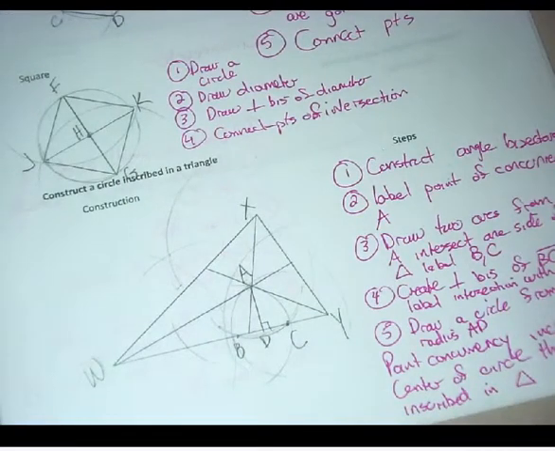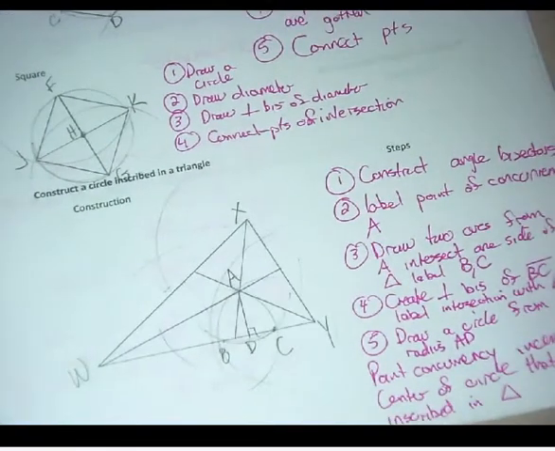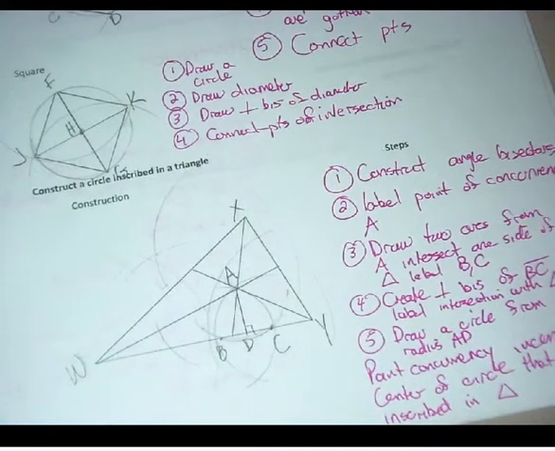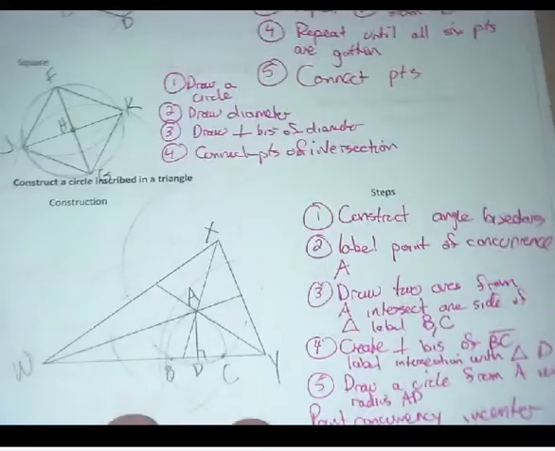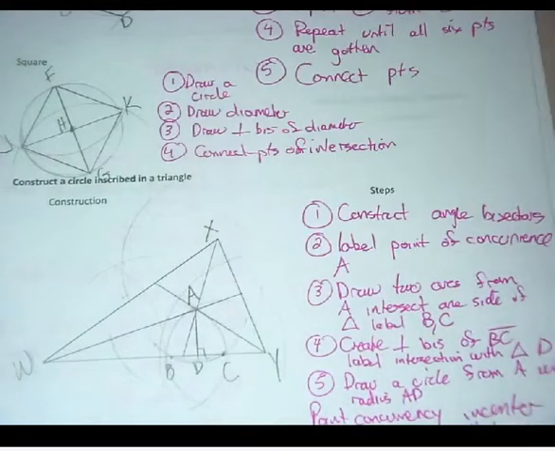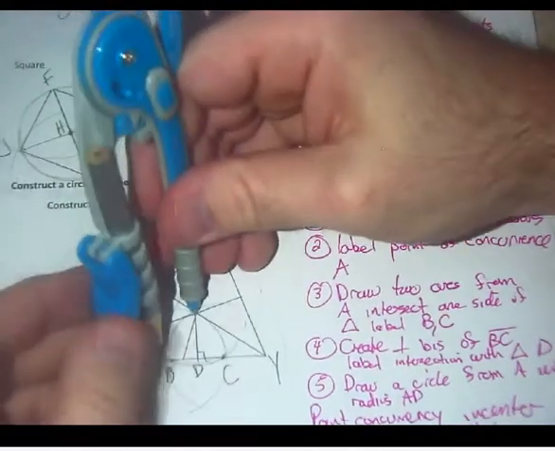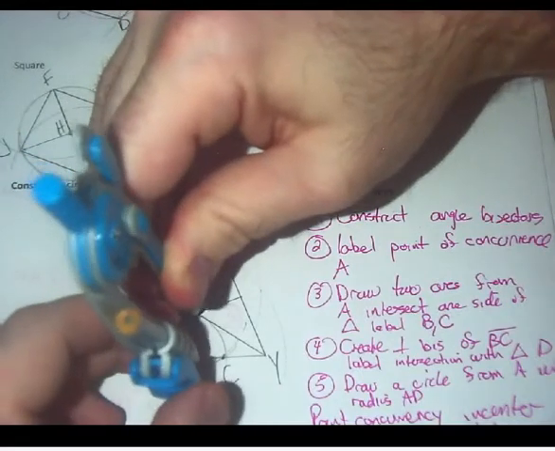And now if this works, I can draw a circle from A with the radius of AD, and it'll just be tangent to all these sides. But let's actually see if this works.